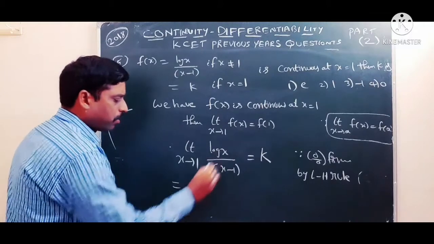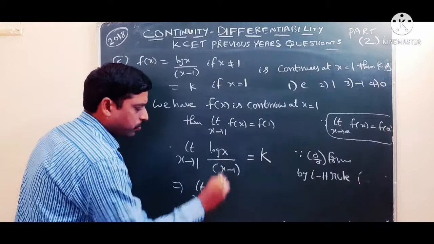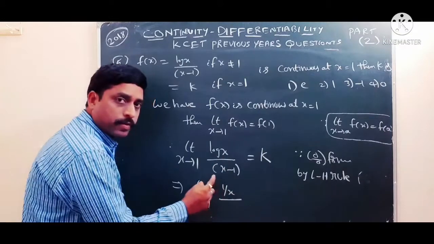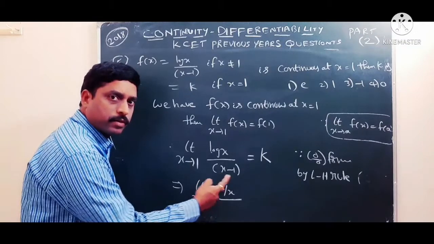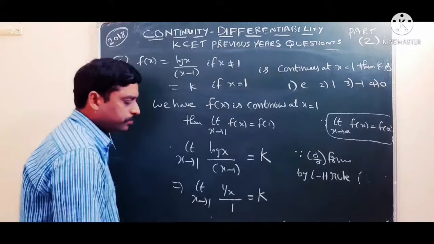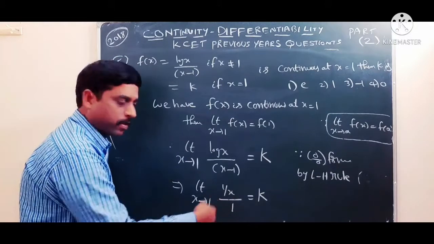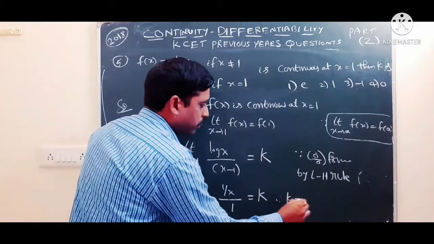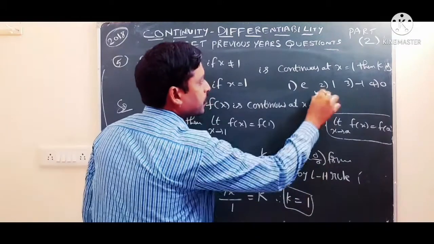So the derivative of log x is 1 by x. The derivative of x minus 1 with respect to x: the derivative of x is 1, the derivative of minus 1 is 0. This is equal to 1. Put x equal to 1. This is a finite value. Therefore, k is equal to 1 by 1, which is equal to 1. So option 2 is correct.